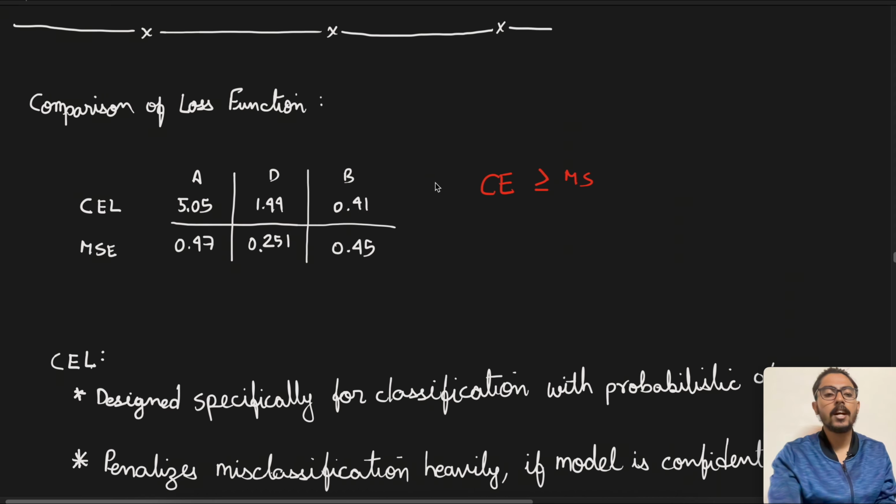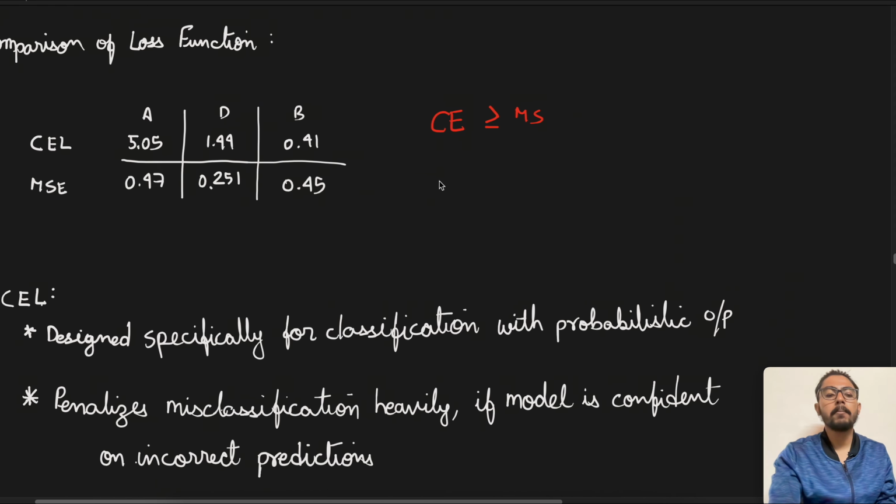Next, the main root cause for such large loss values is that cross entropy loss penalizes misclassification very heavily, and is very strict on incorrect predictions. What do I mean by that?